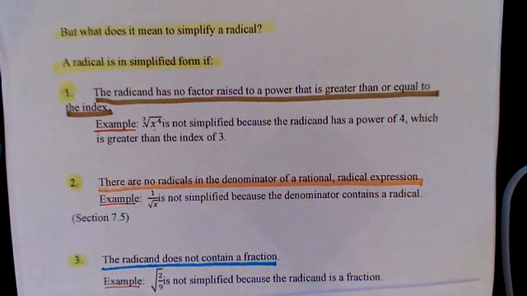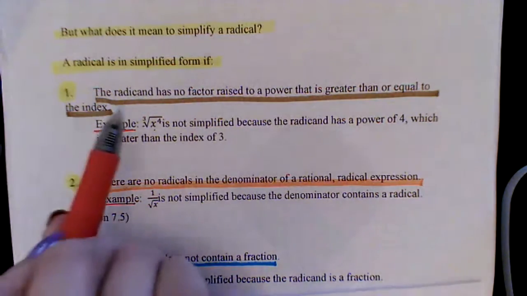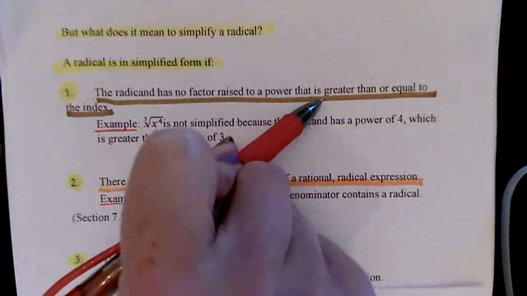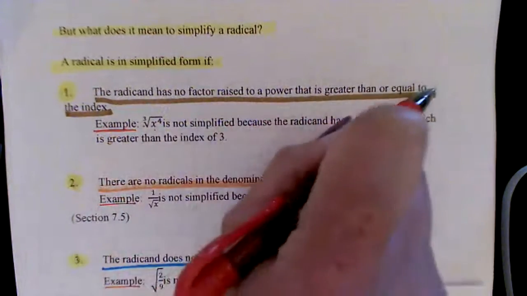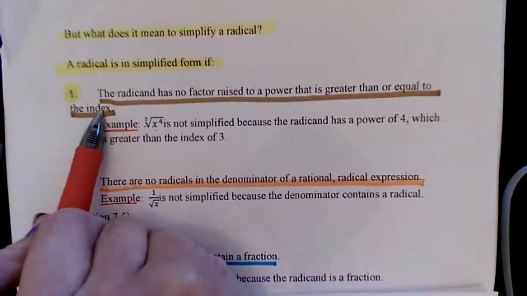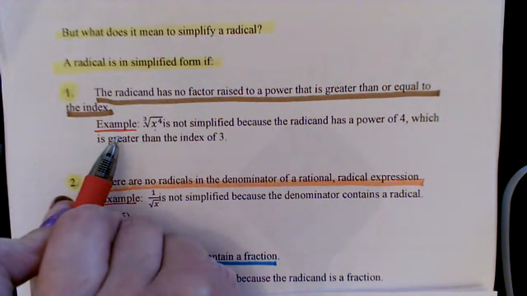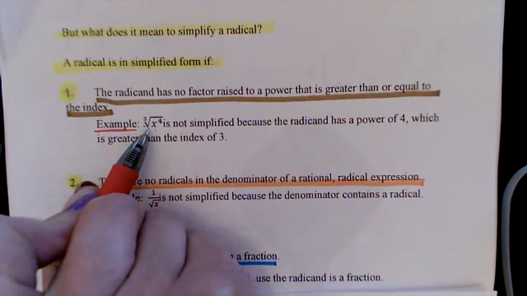So the question is, what does it mean to simplify a radical? So it says that a radical is in simplified form if the radical has no factor raised to a power that is greater or equal to the index. For example, this one.